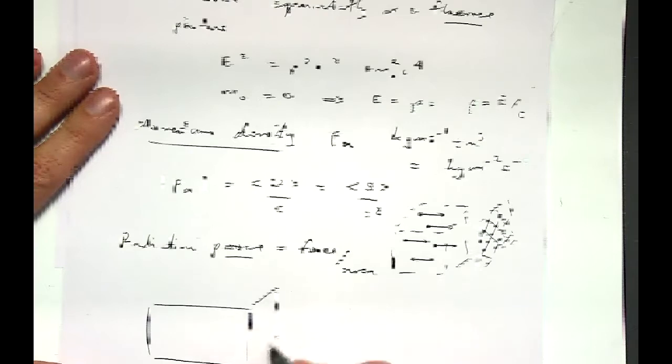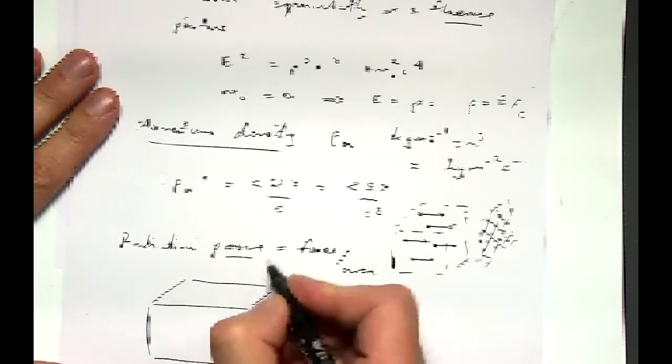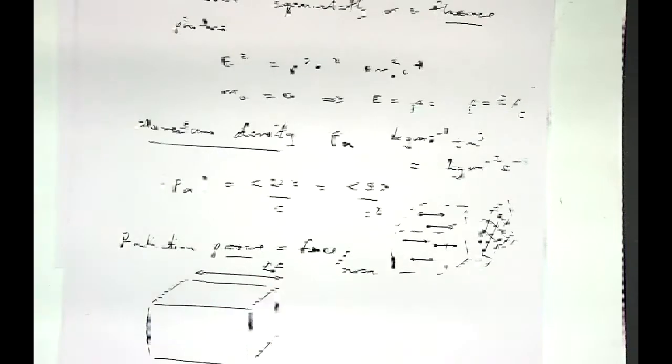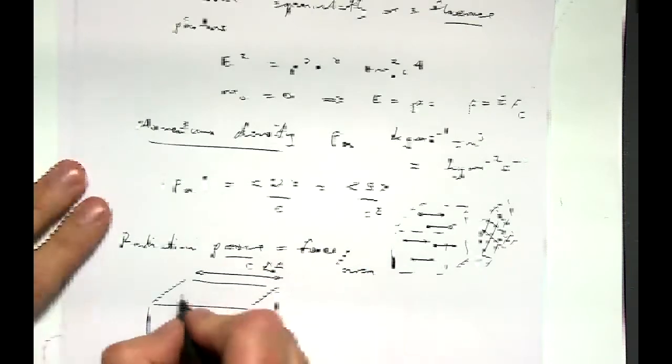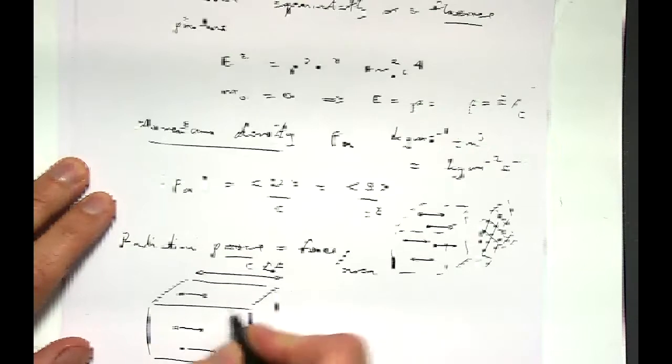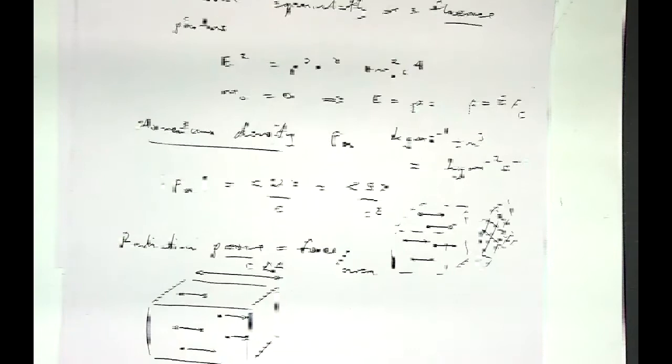You can make this box any length you like, but the length of the box is equal to delta t, how long those photons have had to travel, times c. So imagine a certain amount of time, delta t, over which a set of photons has got to the end of the box and fallen on the surface and bounced off it, or at least pressed on it. Let's forget about the factor 2 from the bouncing, right?